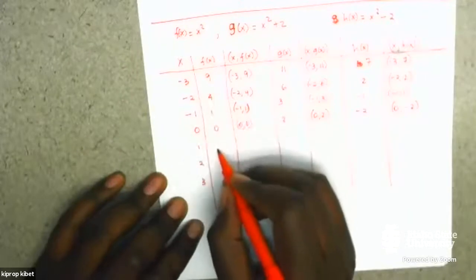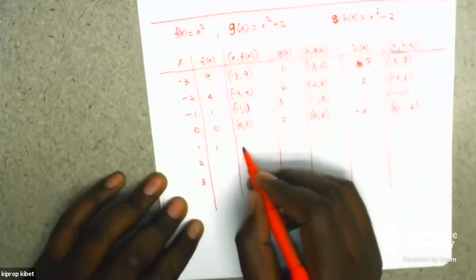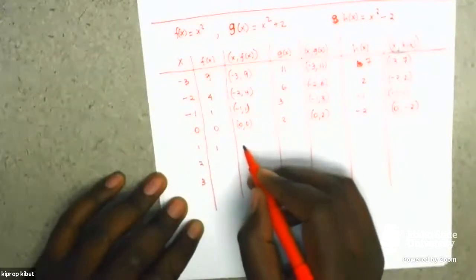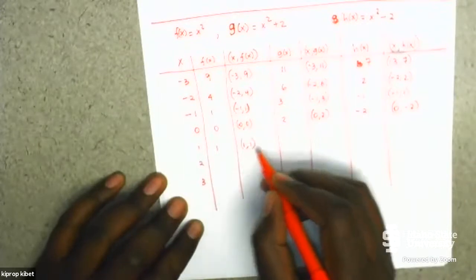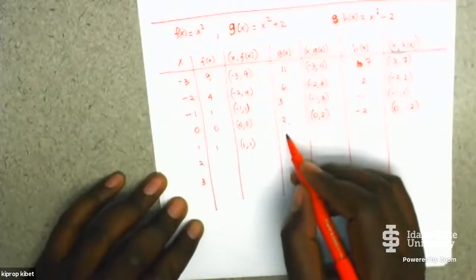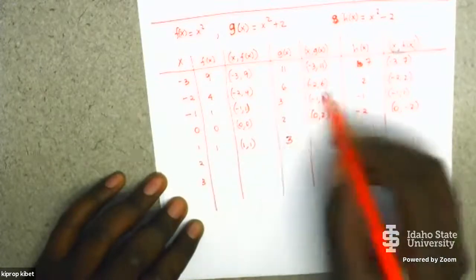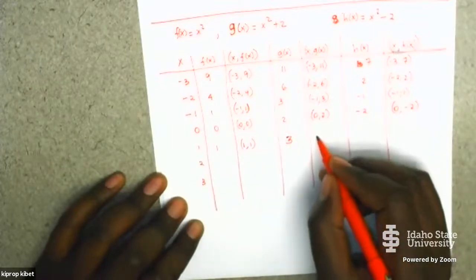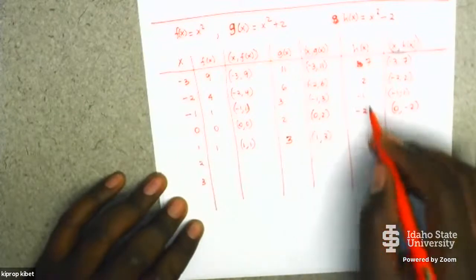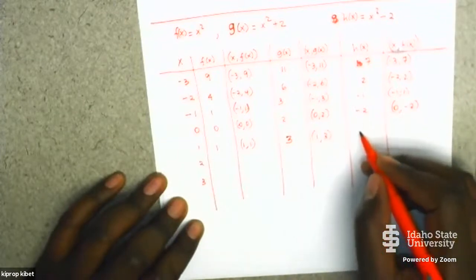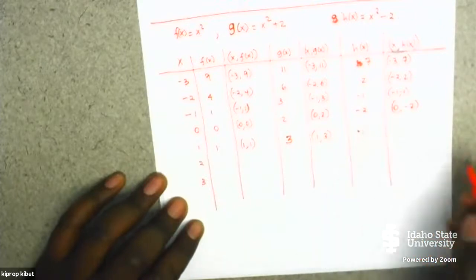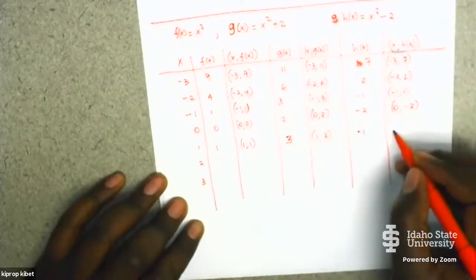So this will be 1 and 1. This will be 3, so 1 and 3. Then 1 minus 2 is -1, so it will be 1 and -1.